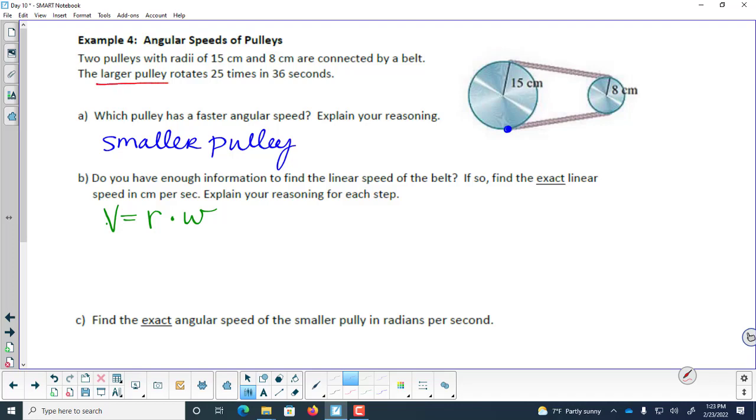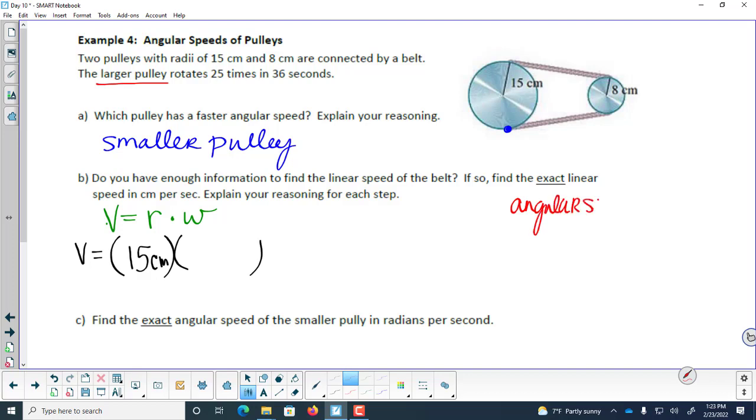So we are going to talk about the larger pulley. I've got the radius of the larger pulley, which is 15 centimeters. I was going to write larger somewhere, but I don't know where I'm going to write that. So I got 15 centimeters. That means I need the angular speed of the larger pulley. So let's go out here and find it.